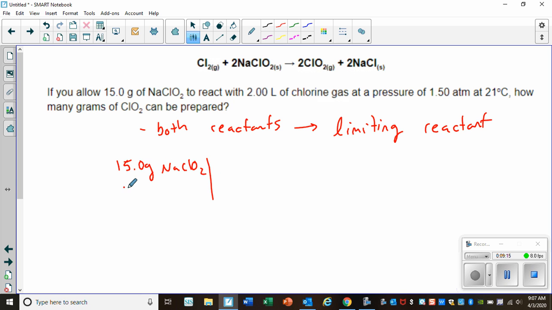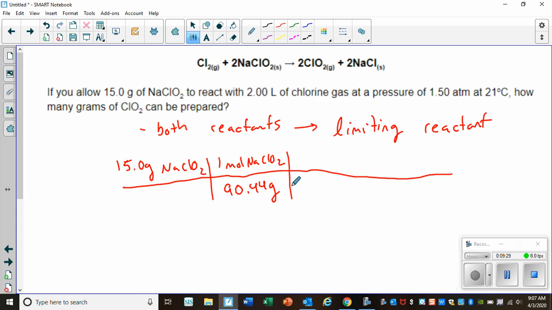We'll do the 15 grams of NaClO2 first. I have the molar mass of this pulled up already. So for every 1 mole NaClO2, that weighs 90.44 grams. And then we look at our ratio here, so NaClO2 versus just the ClO2. And we'll include it, but you can see it's just 2 to 2.